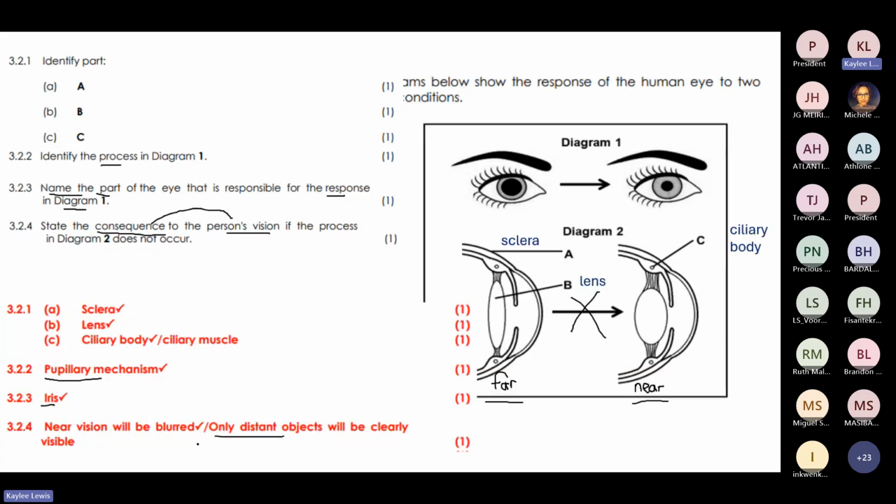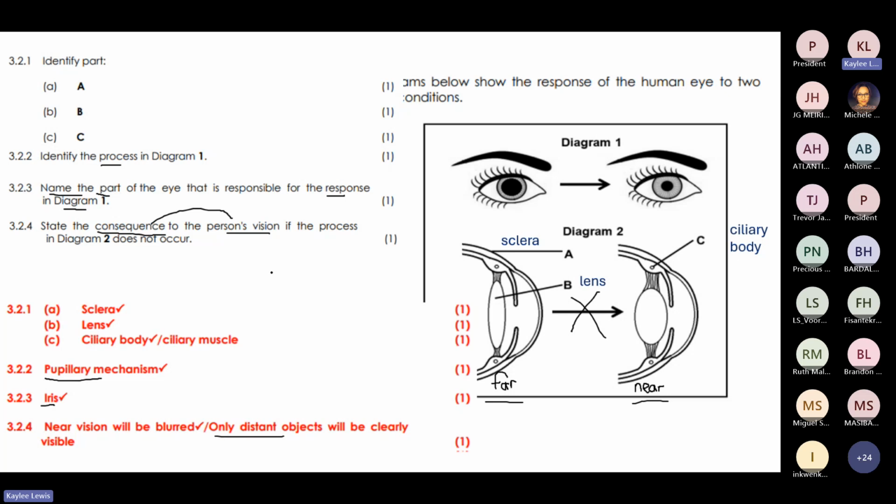It's important you put that word only there, that you emphasize they can only see distant objects clearly and not near. So it's how this is affecting their vision, the consequence for their vision. Please make sure you actually answer the question correctly. All right, so that's that one.